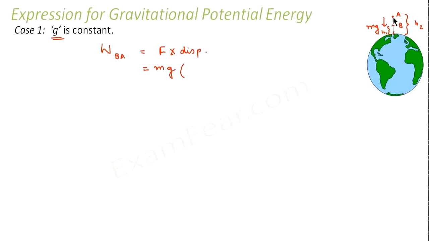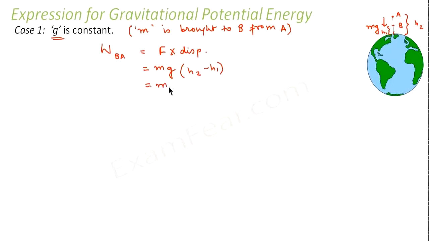So the object is brought from point A to point B. Let us suppose the body of mass m is brought to B from A. That means this object changed its position from A to B. So in this case, the displacement would be this distance. So what is this distance? h2 minus h1.